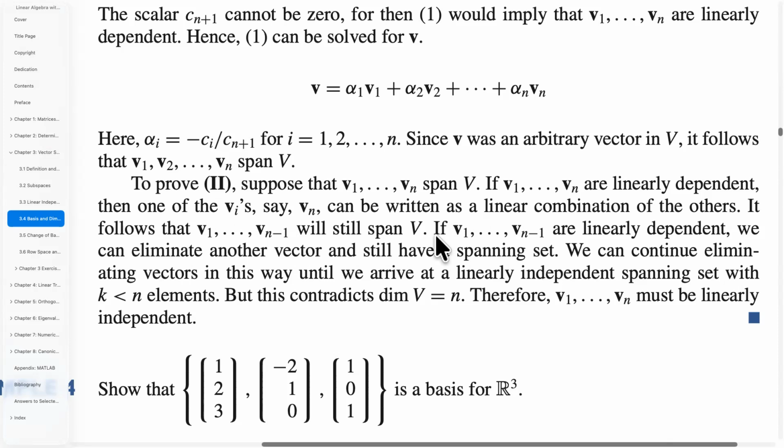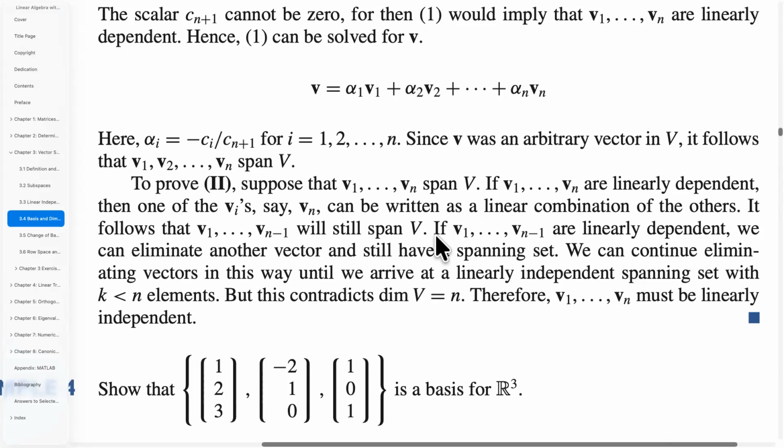We can keep removing vectors one by one and still span V, until the set becomes independent.